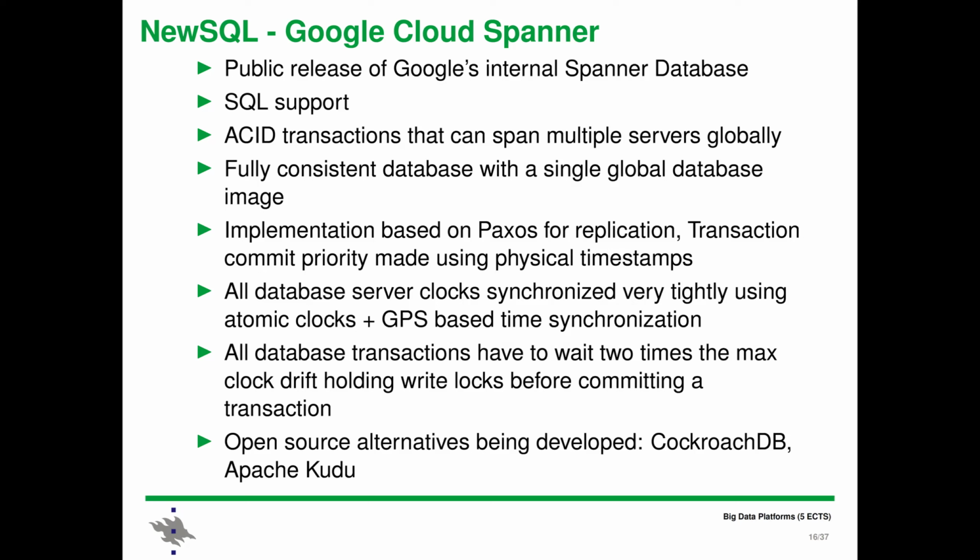Now there are some open source alternatives being developed that use similar ideas. There's CockroachDB and Apache Kudu. These systems are interesting as well. Okay, so that's the end of this part on NoSQL databases or cloud data stores.